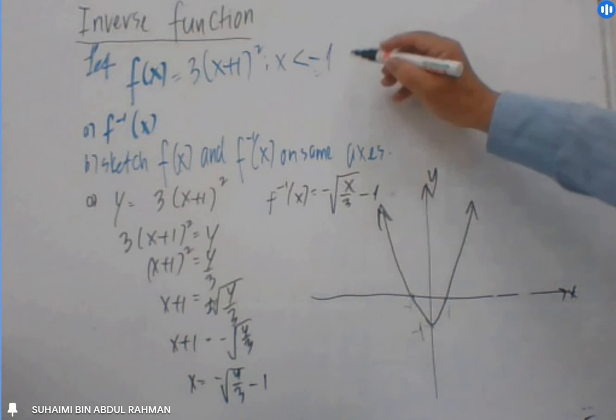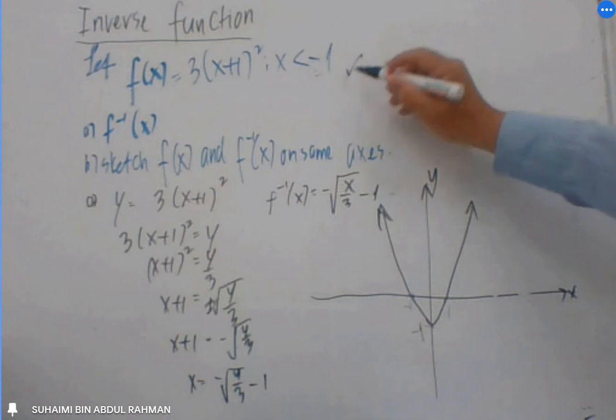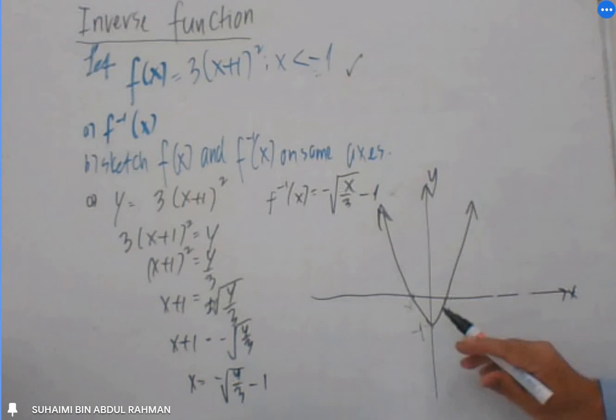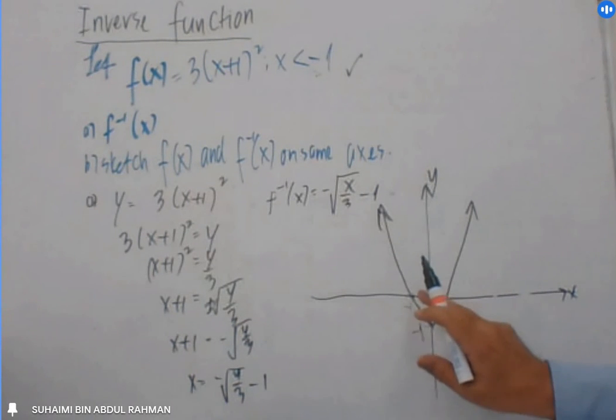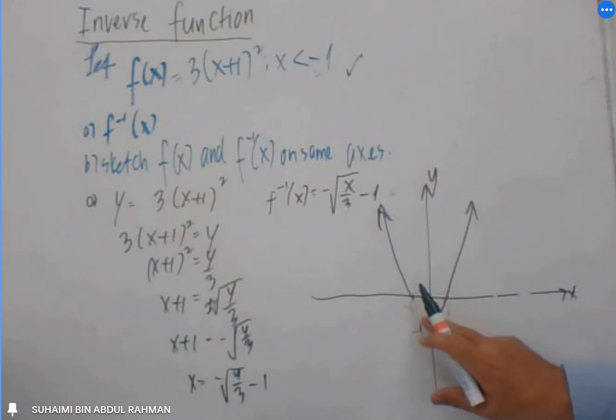But remember that x is from minus 1 and below, therefore we have to remove this part.